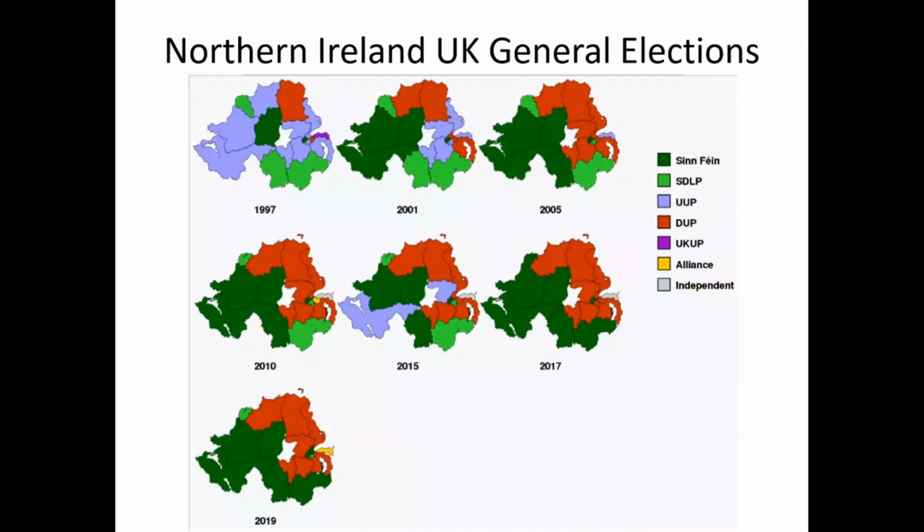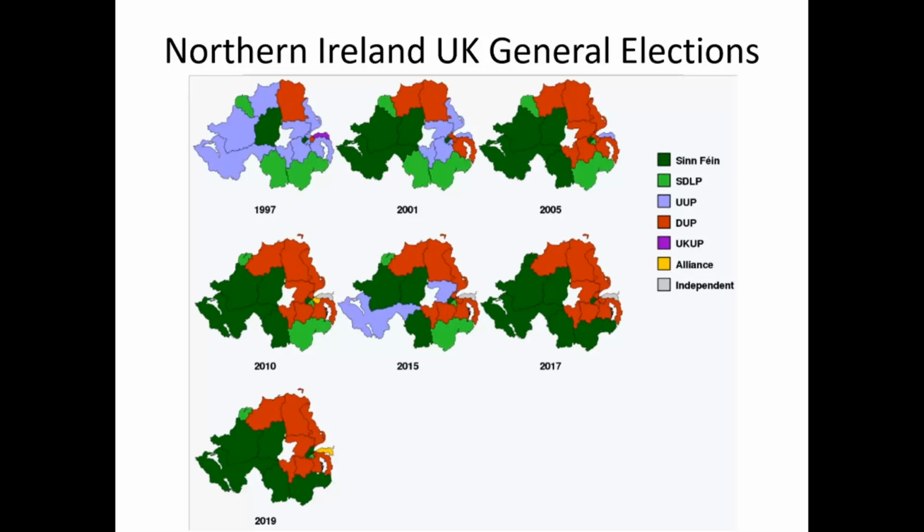In terms of the relative strengths of those parties, in and around the time of the Good Friday Agreement in 1998, in the 1997 elections rather, we see the Ulster Unionist Party and the SDLP being the two dominant parties, with the DUP and Sinn Féin on the top left getting small amounts of seats. But over time that changed pretty dramatically.